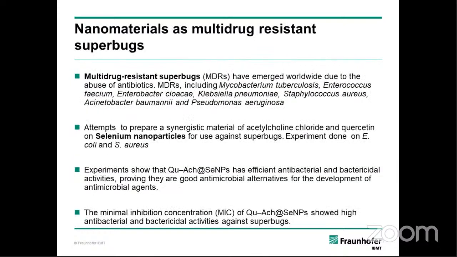Then again comes the phenomenon of the superbugs. These multi-resistant superbugs have emerged due to the abuse of antibiotics. As you know, especially in Pakistan, there is a severe abuse of antibiotics. Most of the time we don't need antibiotics, but we are given antibiotics.